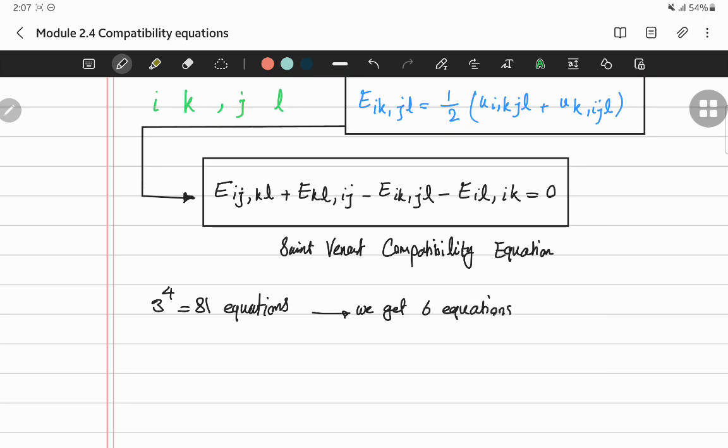I'm not going into the details, so you can just program this in your codes and see that you finally get 6 equations. And if you write them down, you get these equations in the book, from 316.7 to 316.12. These are the compatibility equations in Cartesian coordinate system.